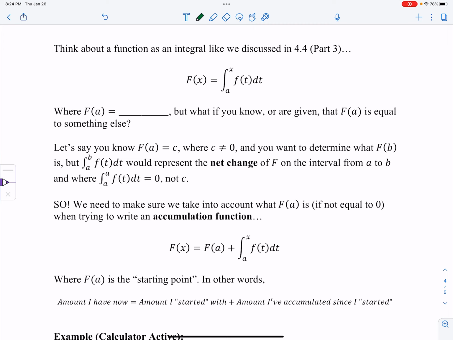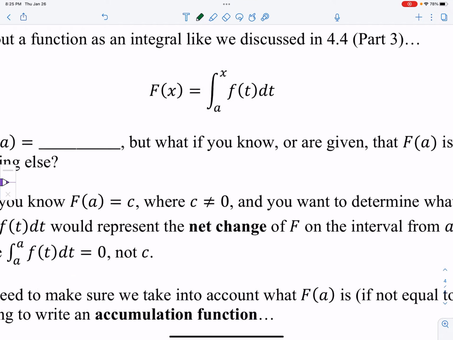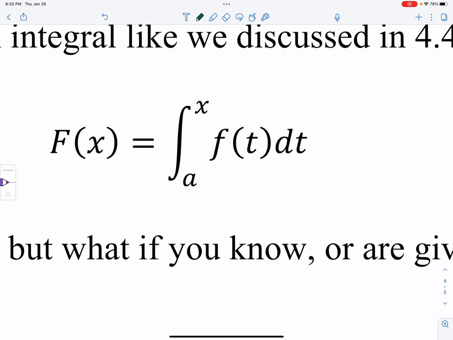So in 4.4 part 3, when we were talking about the second fundamental theorem of calculus, we talked about treating the definite integral as a function, an accumulation function, to be more specific. Whatever capital F of x is being evaluated at, that's what gets plugged in here.